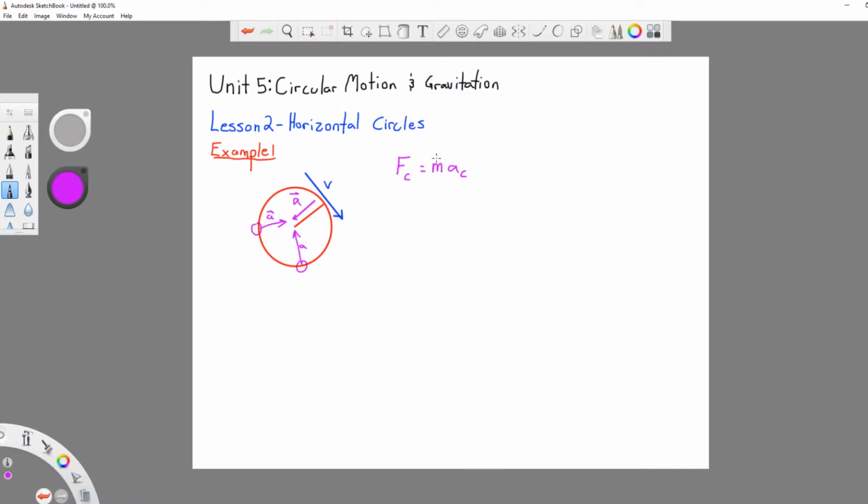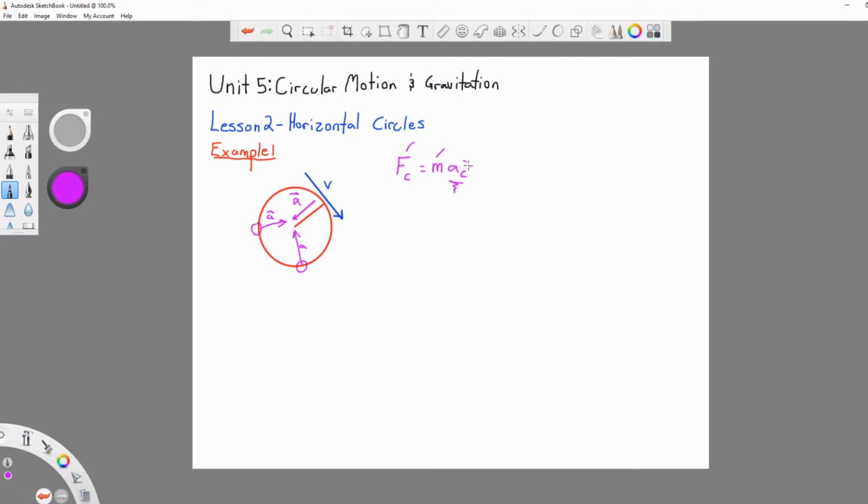We have the mass given to us. The mass is 76 kilos. And we have the centripetal force on the person. That's kind of a new one. Well, it's new to you, but you'll see later we don't often get this combo. Right away, I think we can see we can solve for our centripetal acceleration. But we are still looking for the time for one revolution. So how are we going to get that?